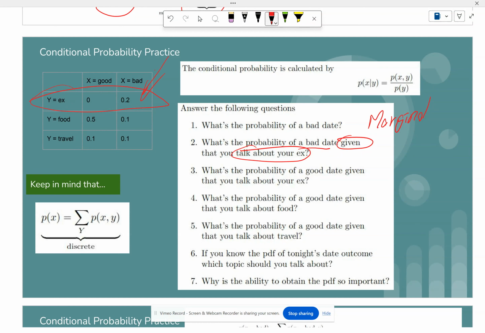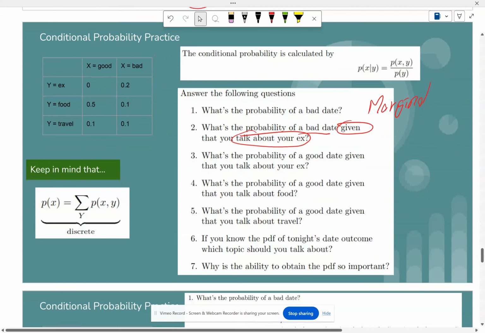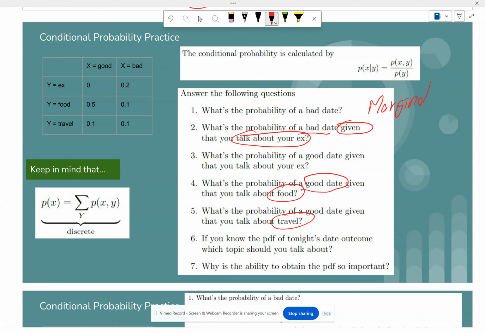What is the probability you have a good date? Based on this, I guess you can guess. And then what is the probability of having a good date given you talk about food or given that you talk about travel? You can essentially come up with all these probabilities.